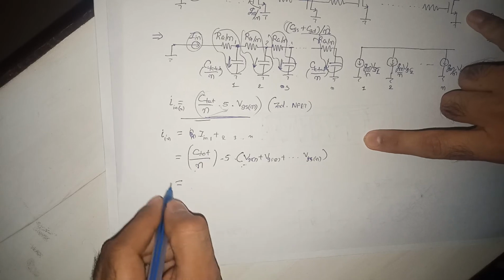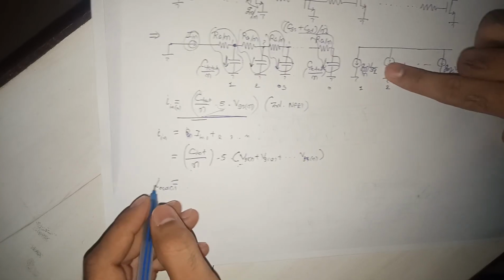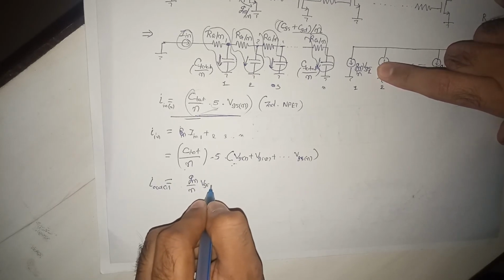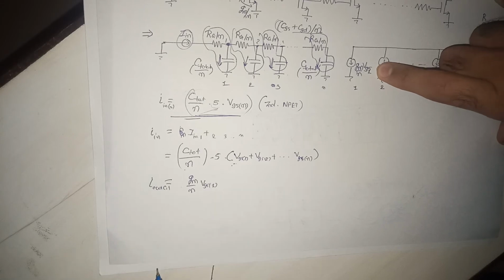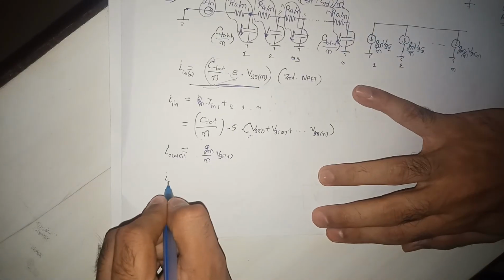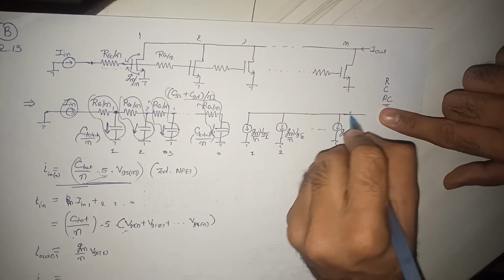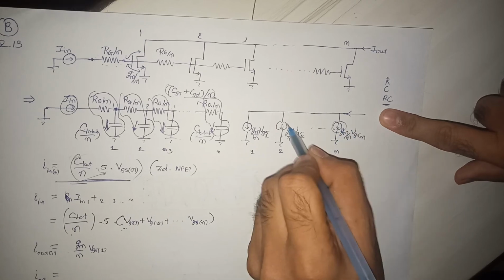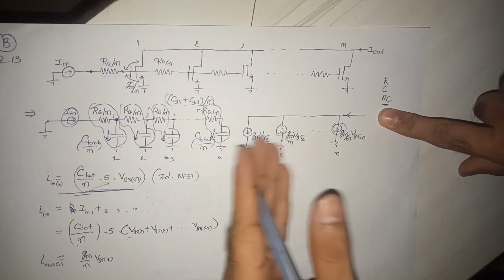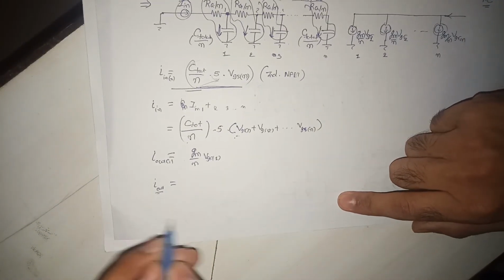Now we are counting I out of 1. What will it be? gm upon n times VGS1. Same goes for I out. If I out has to be the total, we add this current, this current, this current together, and that turns into the total I out.